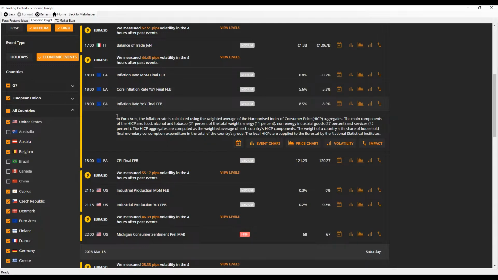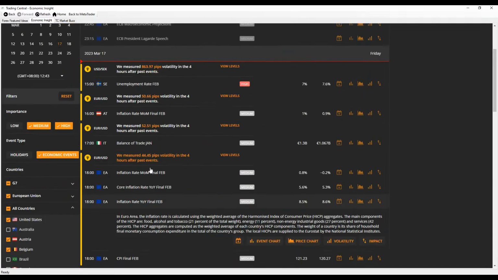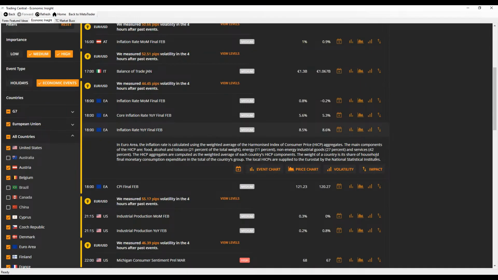I think this is both insightful as well as educational. For every event, you just click on it and you are able to see the explanation. With enough time, if you've seen enough of these, you'll be able to pick up what these inflation data are about.